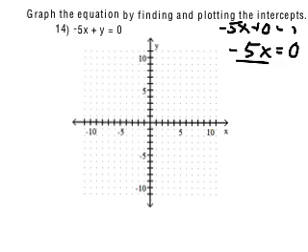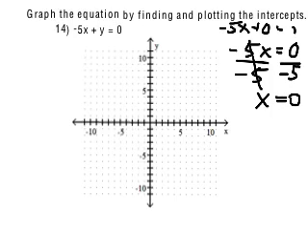So if we divide it by negative 5, notice that cancels out. X equals 0. So where y is 0, x is 0. Right? It's right here in the center. That's the x and the y-intercept. You notice? Both are 0 at that spot.